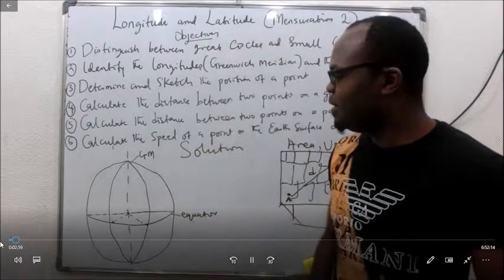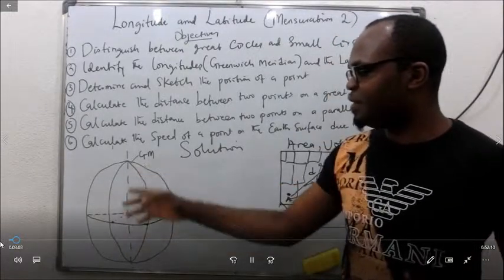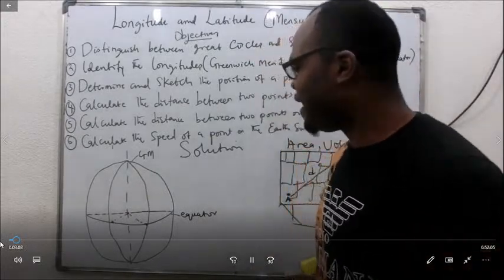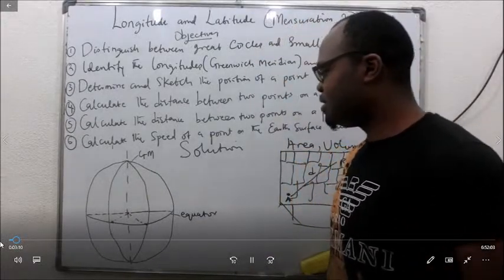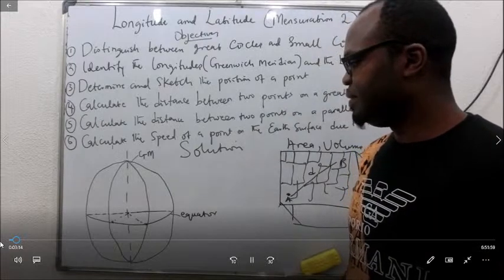Now, the Earth is a spherical object. It is very important that we identify some important points on the Earth.